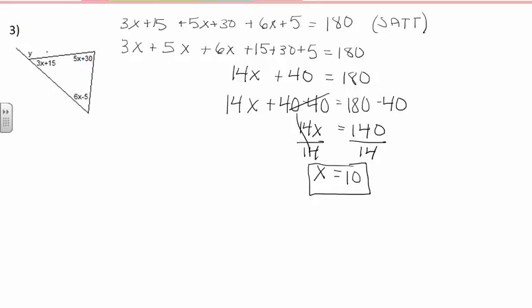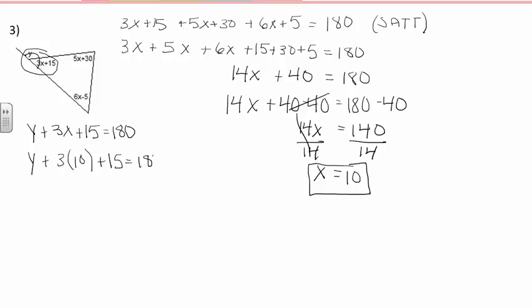And to figure out our value of y, we're going to use the supplementary angle theorem because we know that the total of these two angles has to equal 180 degrees. So y plus 3x plus 15 equals 180. We now know our value of x, so we'll plug that in. It's 10. And now we'll go through the math.